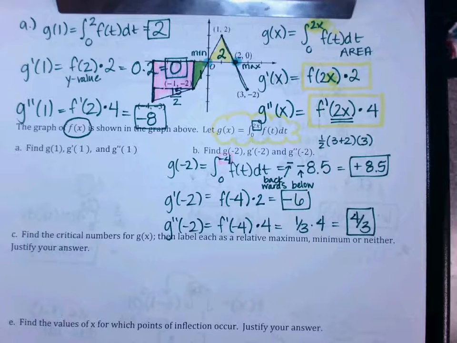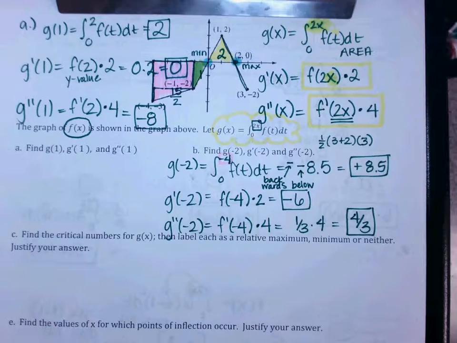So if my max happens at 2 in the graph, what x would I have to pick so that 2 is the final answer? 1. Okay, I'm going to say it one more time. The x that I pick has to give me 2 when I plug it into 2x. So I would have to pick x to be 1. Now, question: on the 0 one, does it matter if I times it with a 2?